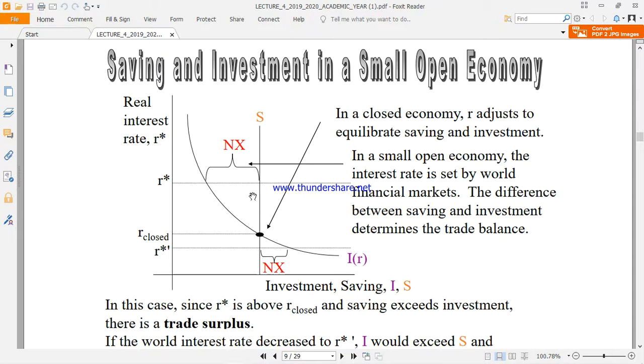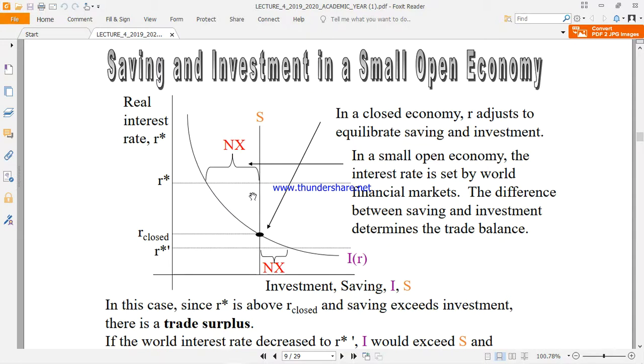So now, if we open the economy, it is the interest rate that is set by the world financial market that then equilibrates our savings and investment. Now, the difference that exists between savings and investment is going to determine our trade balance.